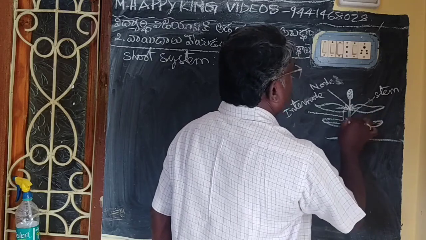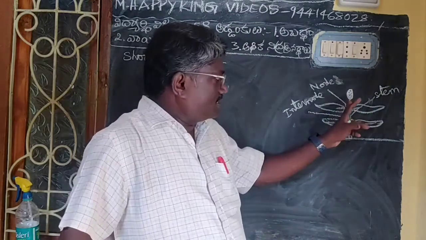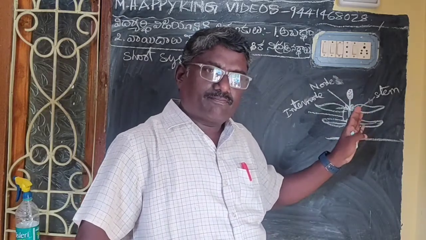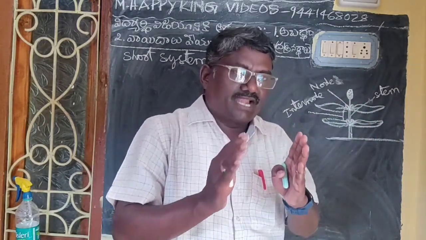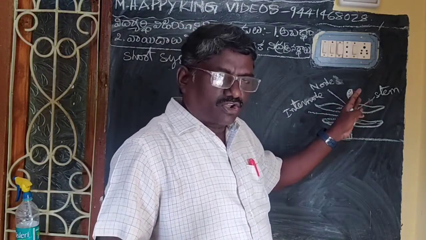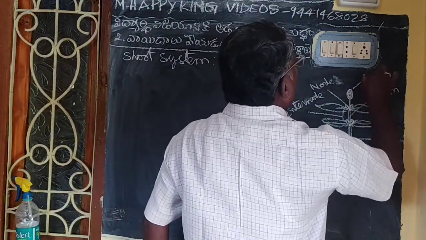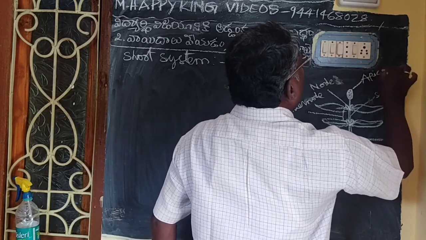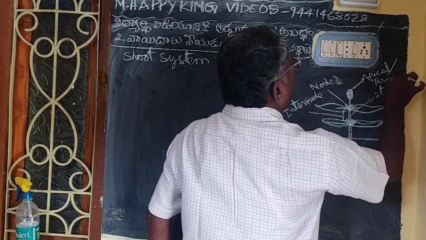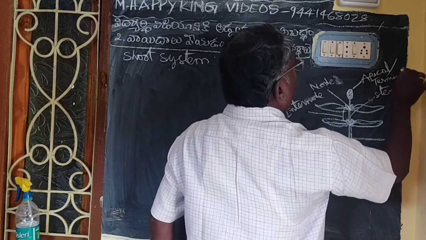These are buds. There are two types of buds. At the tip of the plant, at the tip of the stem, the bud is called the apical or terminal bud.